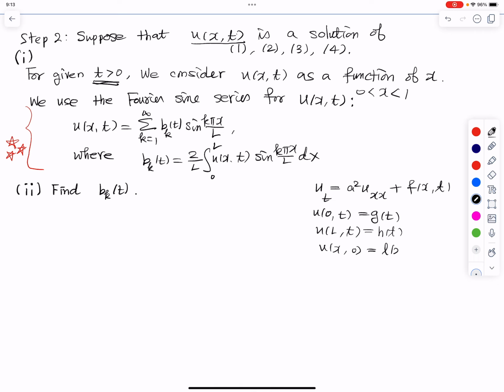Okay, so this is our equation, right? This is number 1 I labeled at the beginning, number 2, number 3, number 4.